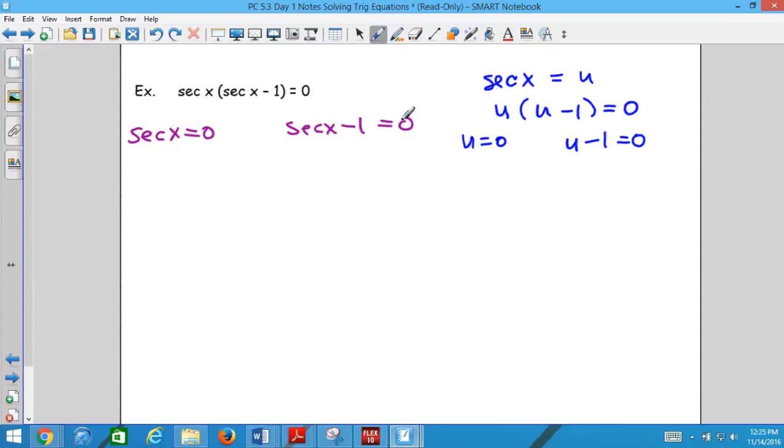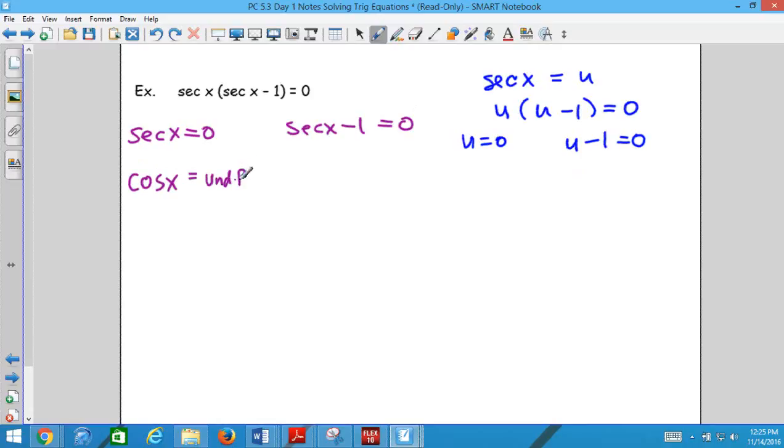Now we have to solve. So the first one, where is secant x equal to 0? Do you have your secants memorized? So what can we change this to? Cosine. If I change it to cosine, then I have to reciprocate 0.